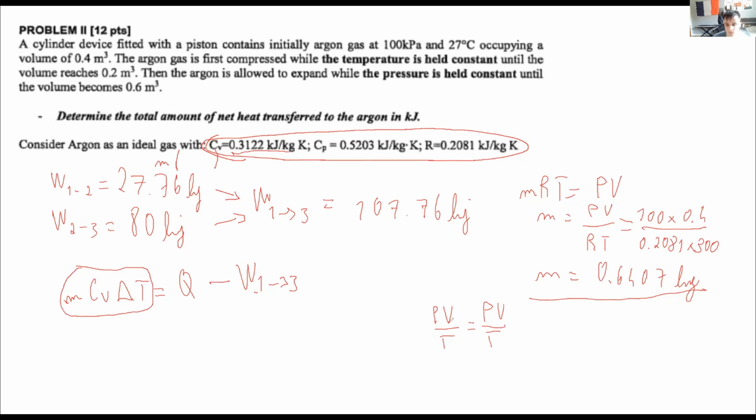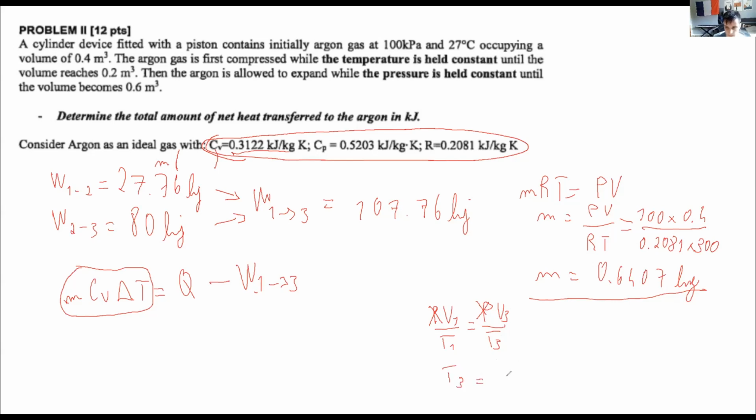So we can choose P1 times V1 divided by T1 is equal to P3 times V3 divided by T3, or use the second state. In either case, it'll give you the value you'll need. If we take in between state 2 and state 3, we know it's isobaric, so the pressures cancel out. We're left with V and T, and we're only looking for T3, so you can single that out.